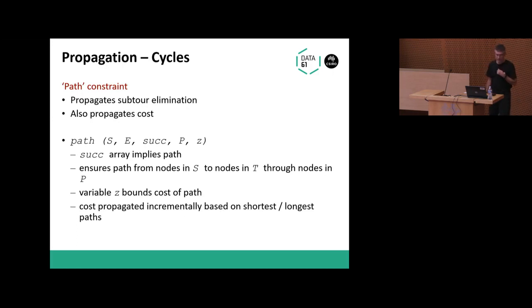Now, I might just skip over the propagation. Just let it be known that these path constraints have a nice way of propagating them, including a nice way of working out a lower bound on the cost. Now, the nice thing about that is that if I'm in the middle of a hill climbing search, for instance, and I've already found a solution with value Z, then I can put in the constraint that the value of the next solution I find has to be less than Z, so that I'm forcing it to go down.